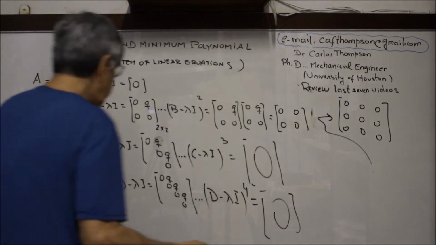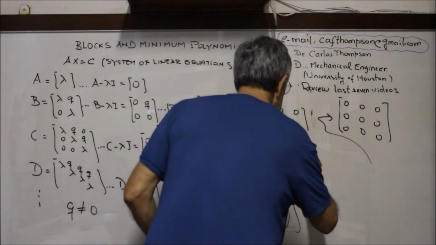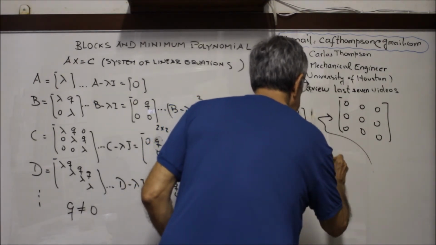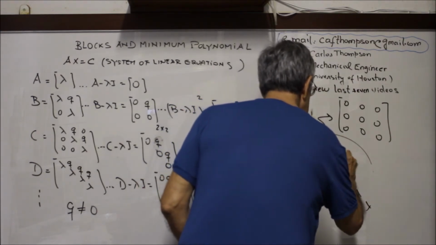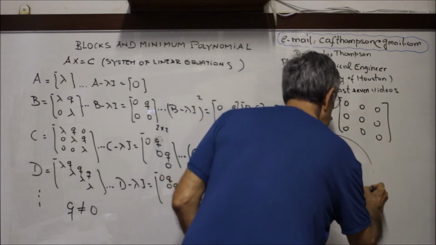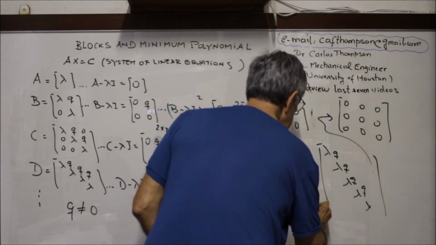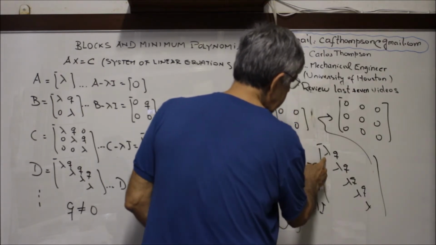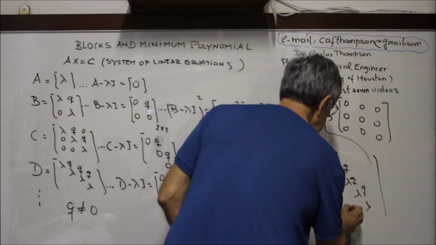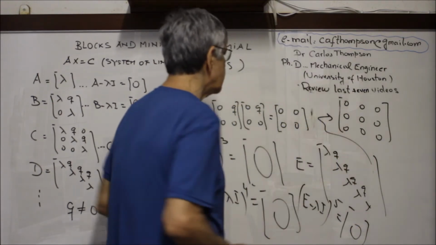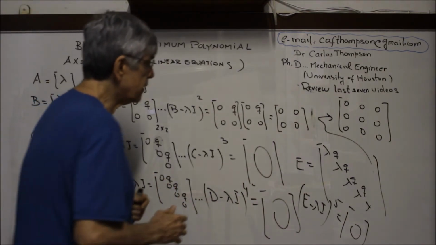Or if you want, you take A, B, C, D. You take this matrix, you put 5 here in the diagonal, and put here Q, Q, Q, and Q. Then you put E minus lambda I. This will be all zeros. You take the power 5, you're going to get 0. That's a good exercise.